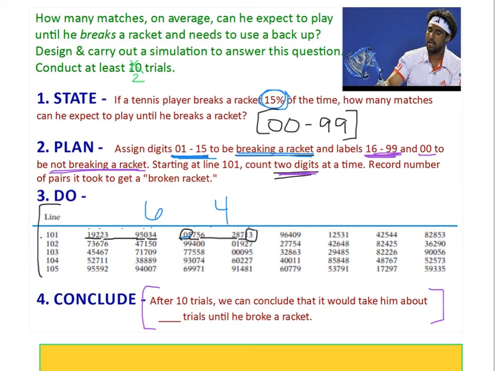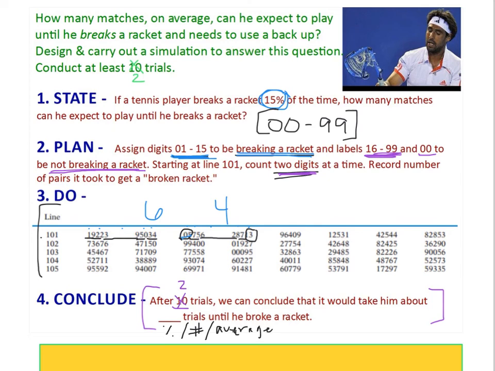It says after 10 trials, or after the number of trials that we conducted, in this case we actually did 2 trials, we can conclude that it would take him about blank trials until he broke a racket. This blank right here is where I have to put a percent, or a number, or the average.